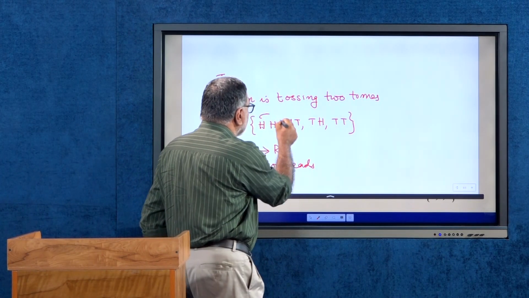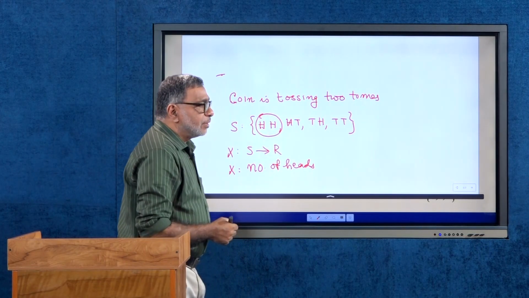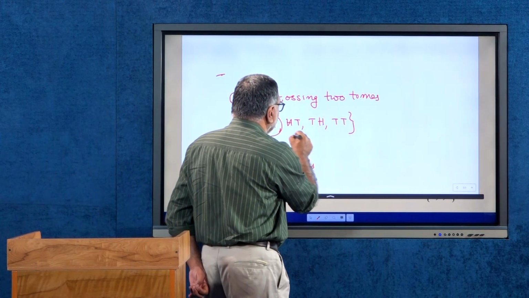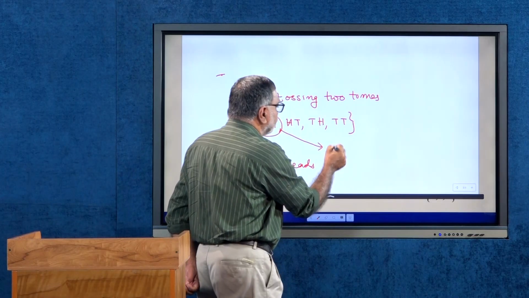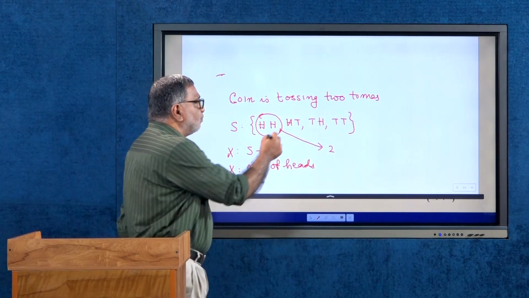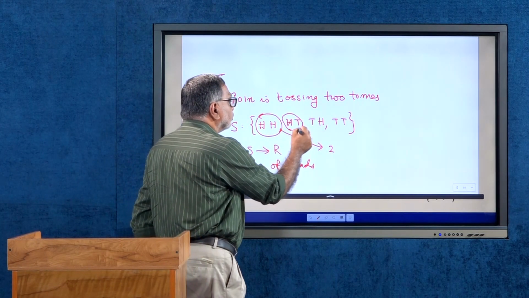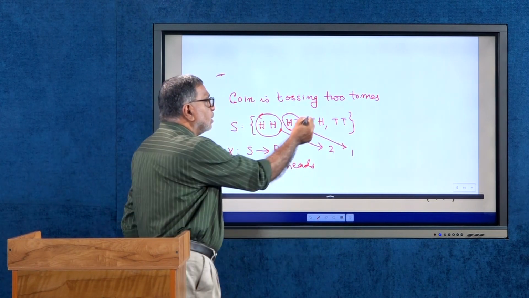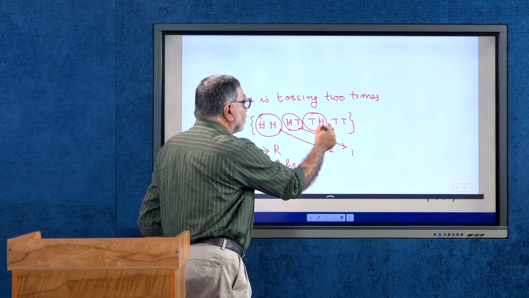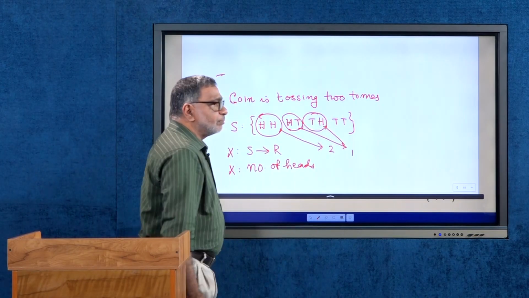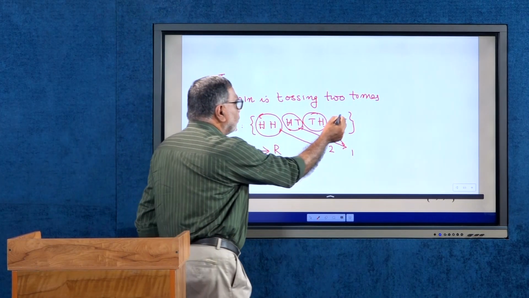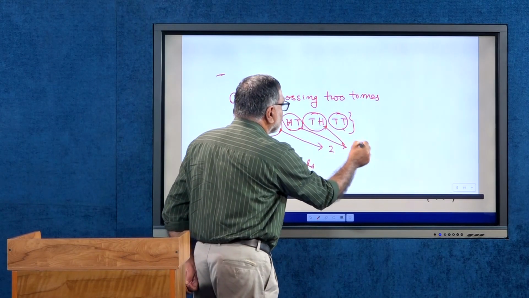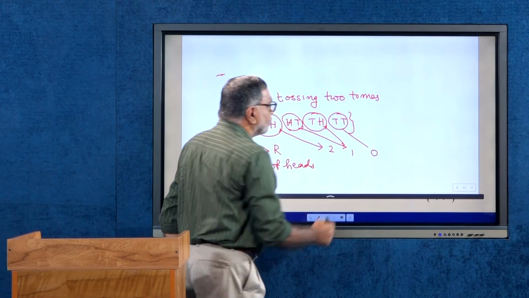So, if X is the number of heads, then for this outcome the number of heads is 2. If this is the outcome, the number of heads is 1. Again, if this is the outcome, the number of heads is again 1. And if the outcome is this one, the number of heads is 0.